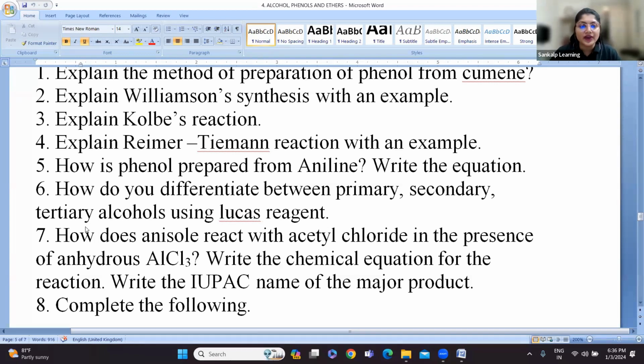Then we have seen how phenol is prepared from aniline. So this also we have seen. So aniline is converted into what? What is this reaction called, students? What is the name of the reaction?